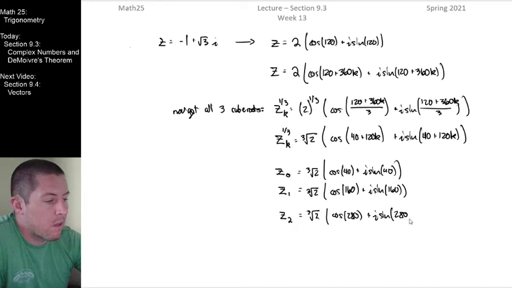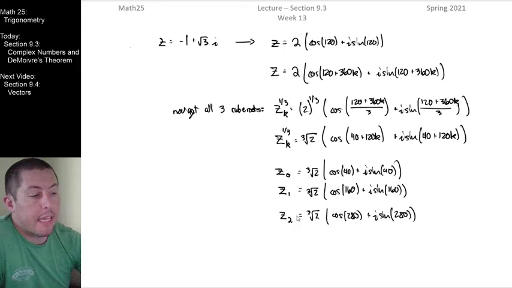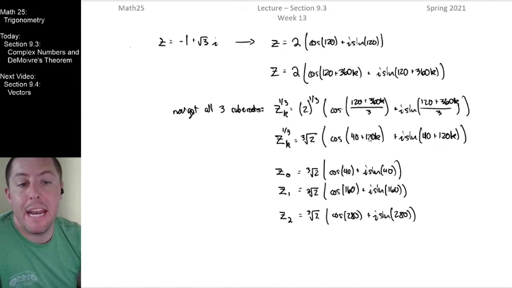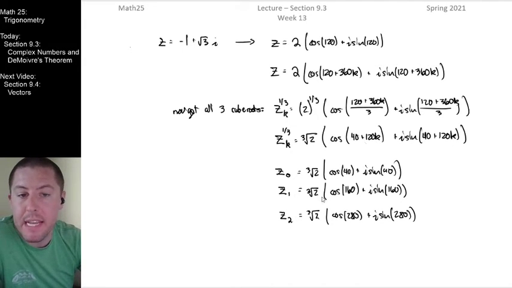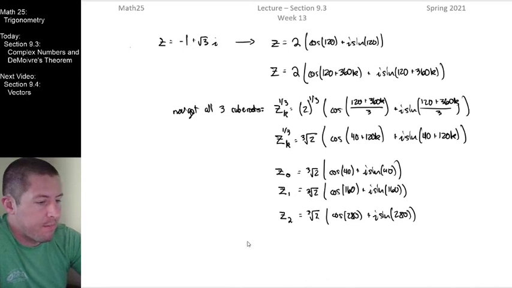You should notice that if I let k be equal to 3, I'd be adding 360 to these, and therefore it would be exactly equivalent to z0 here.